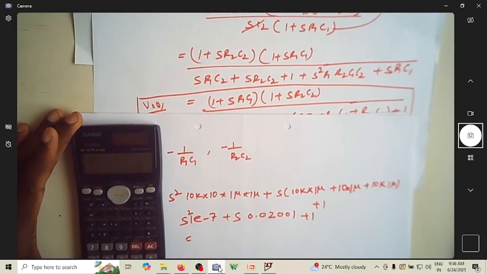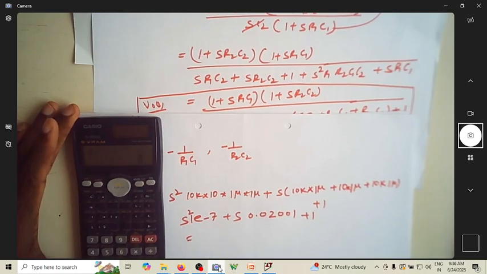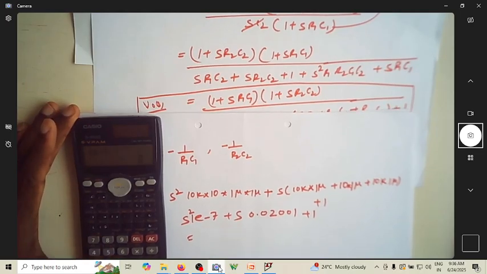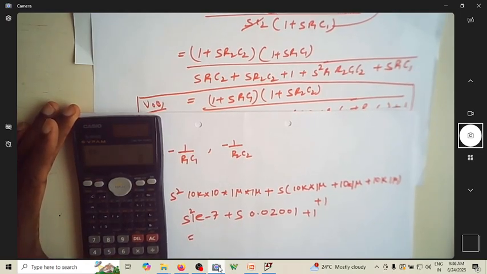It is 1 e power minus 7 is A, B is 0.02001, then it is 1.